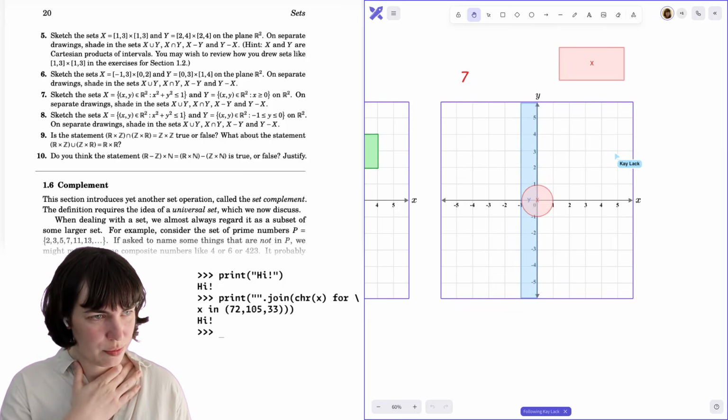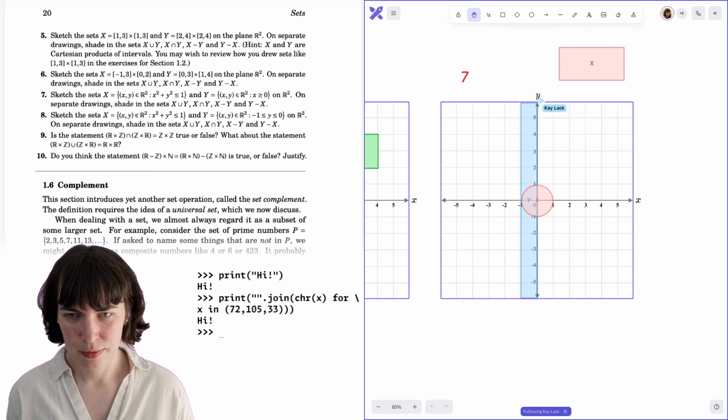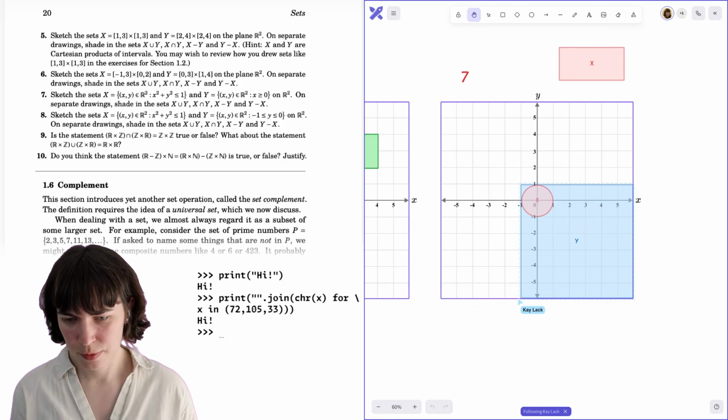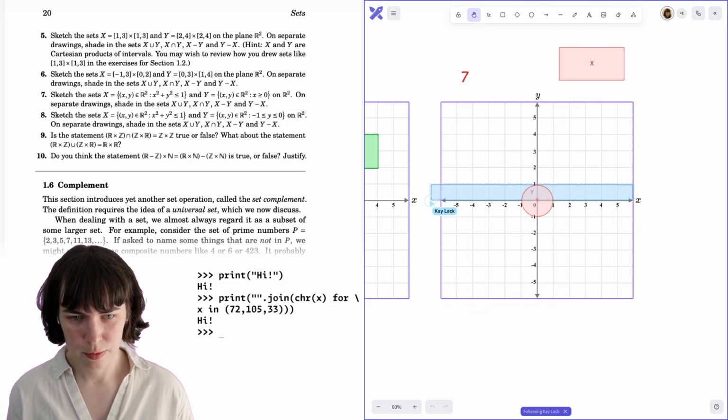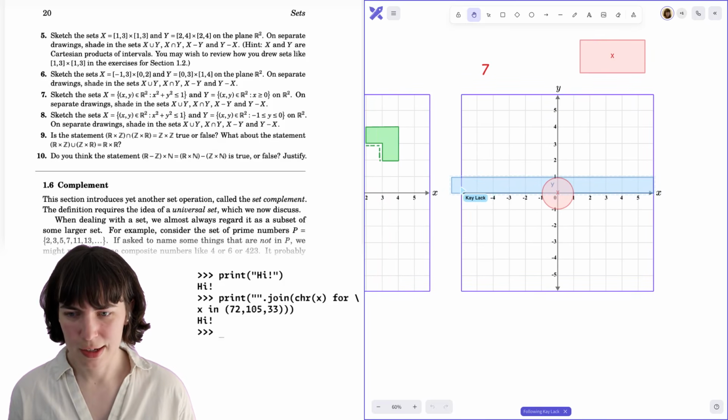I think. Yep. No, wait. That's not right. Getting my x's and y's mixed up again. There we go. I think it's something like that.